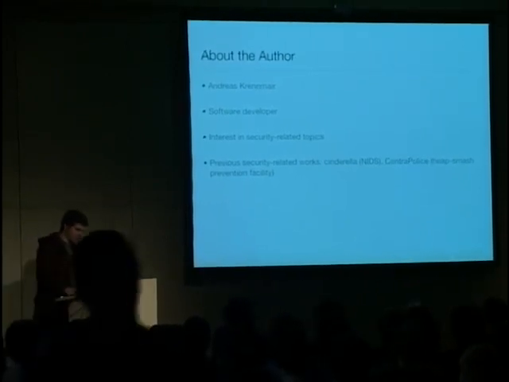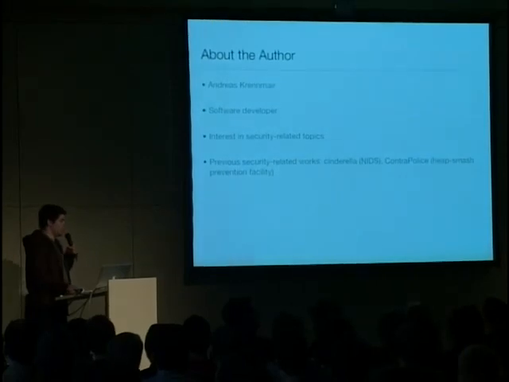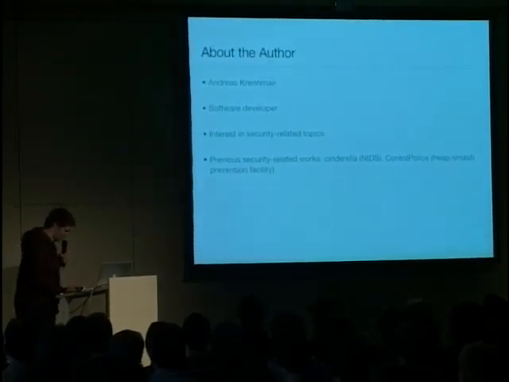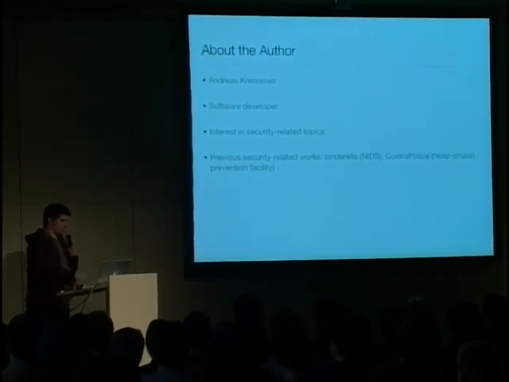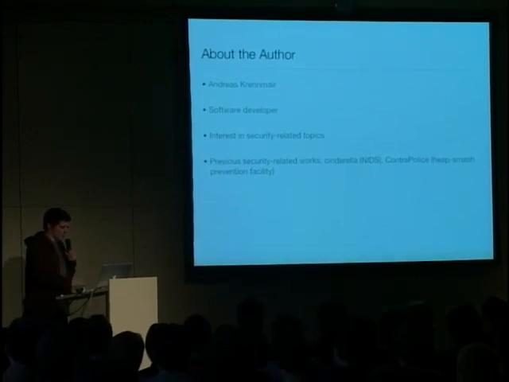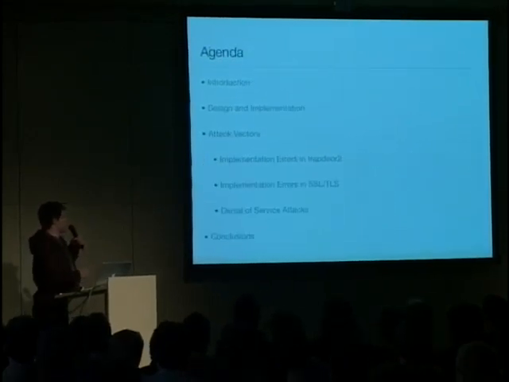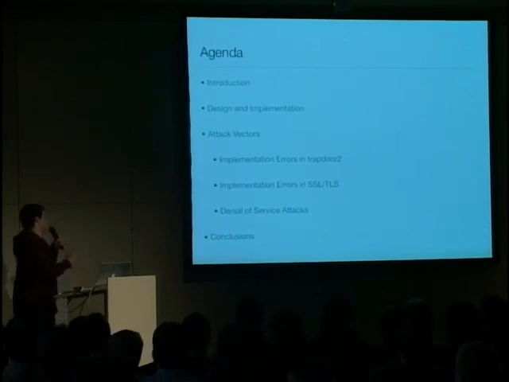And here I'm going to present something new. I'm going to talk about Trapdoor 2. I will talk about what it exactly is later, and it's an example for how to securely program. So the agenda is a general introduction. Then I will talk about the design and implementation of Trapdoor 2.